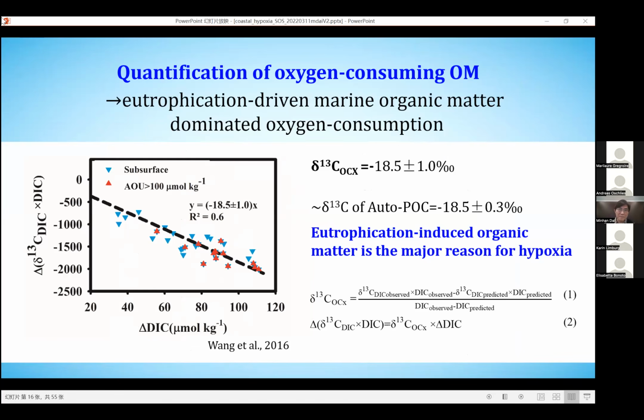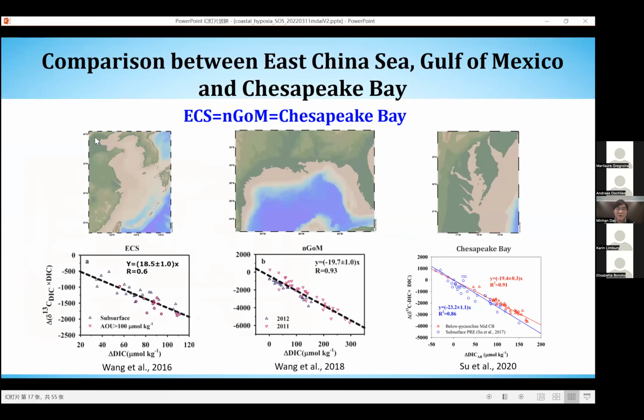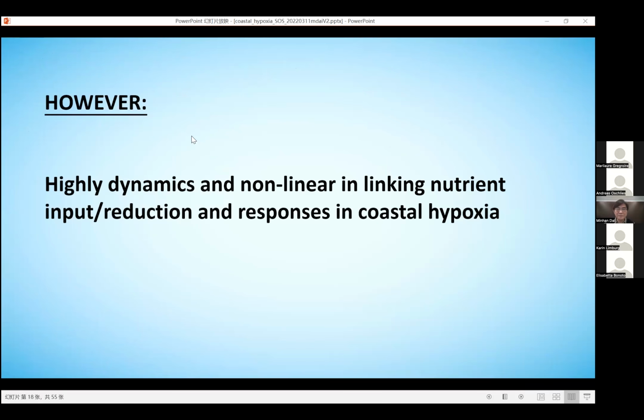And then if you compare this and extend from the East China Sea to the northern Gulf of Mexico and Chesapeake Bay, essentially you come to the same conclusion using a similar method. So again, exclusively nutrient or eutrophication driven hypoxia formation.